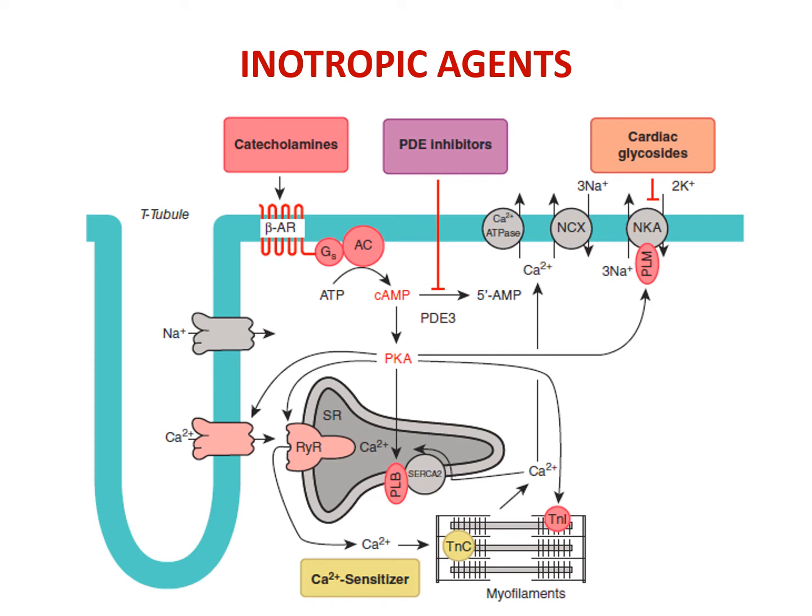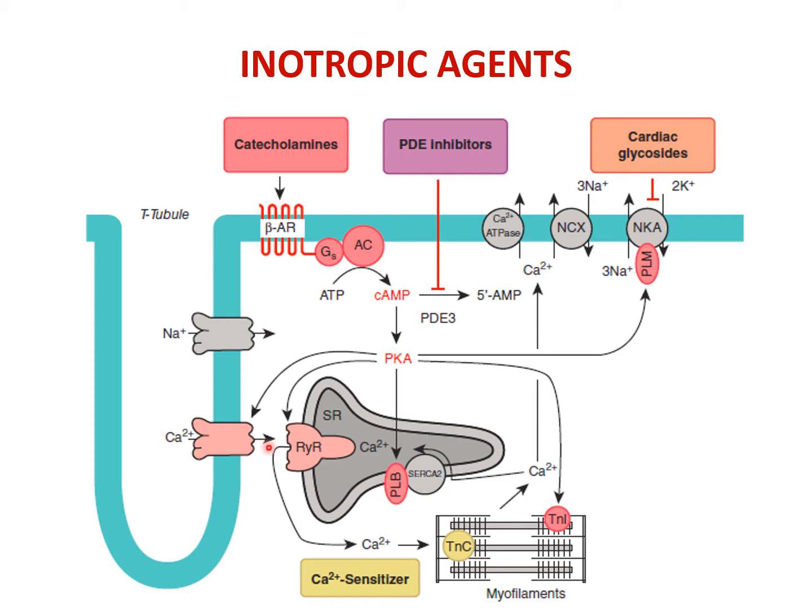You can see here, when the action potential arrives, there will be influx of sodium and calcium into the cytosol. This calcium will in turn trigger the release of calcium which is stored inside the sarcoplasmic reticulum. This calcium will be released out into the cytosol through the ryanodine receptors.